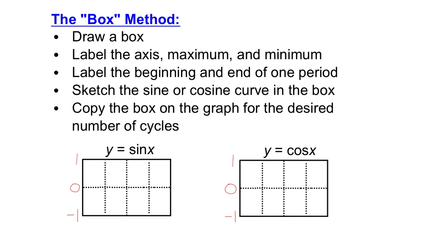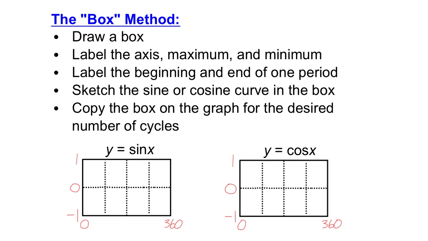So I can label the axis, the maximum, and the minimum on the vertical part of my box. Next, I'm going to label the beginning and end of one period. So I'm going to start at 0, and I know the period is 360 degrees, so I'm going to end at 360.